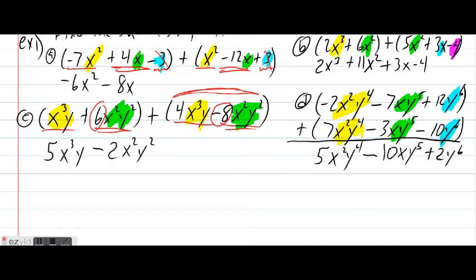When you write something in standard form that has multiple variables, we always look at the first variable, x then y. x comes first alphabetically. This one had 2 exponents and this one only had 1, so this x squared comes before that x to the first. The y's don't matter. But on a quiz or a test, I would not be worried about that.